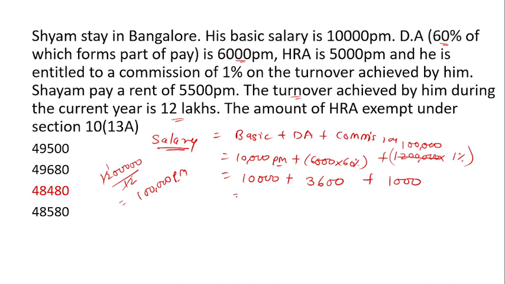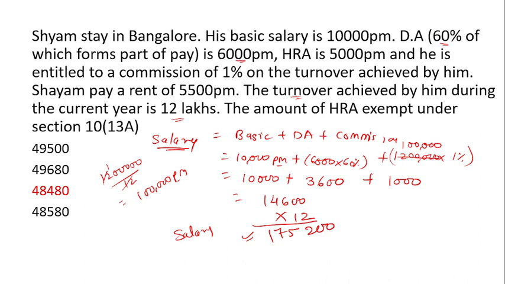Adding this, we get 14,600, and after that we multiply it by 12. 14,600 multiplied by 12 is 1,75,200.